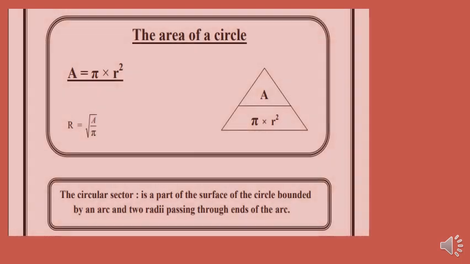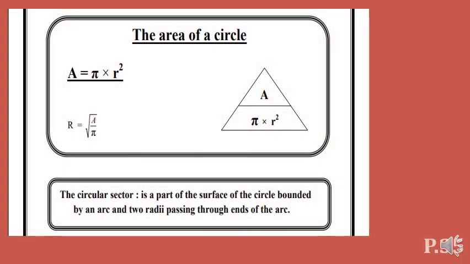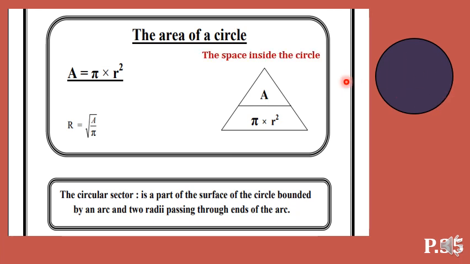Let's talk about the area of the circle. Booklet page 35. The area of any shape means the space which is inside this shape. So the area of the circle is the space inside the circle. Here is my rule, A equals pi times R power 2.